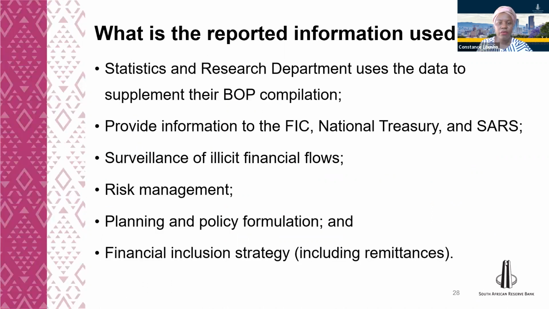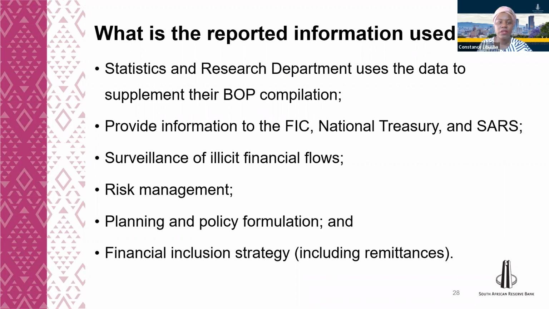So from the overview of the reporting system, the biggest question that people ask is, what is the reported information used for? Why does our regulation require that our banks and non-banks report those transaction information?